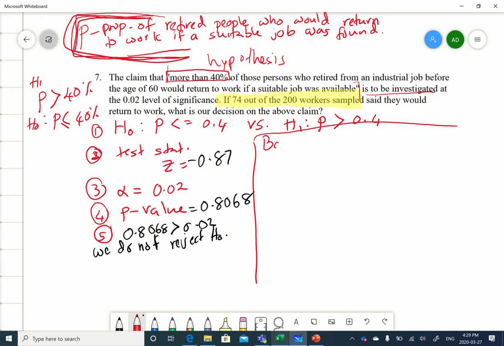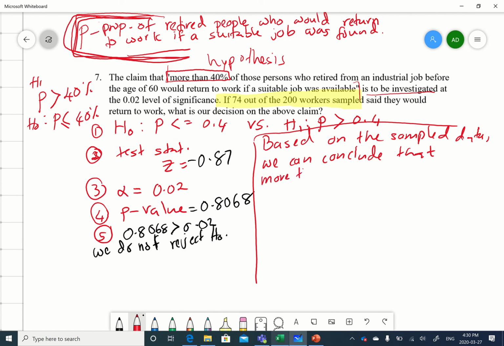So based on the sample data, we can conclude that more than 40%, you can just copy the complete sentence directly from the question.